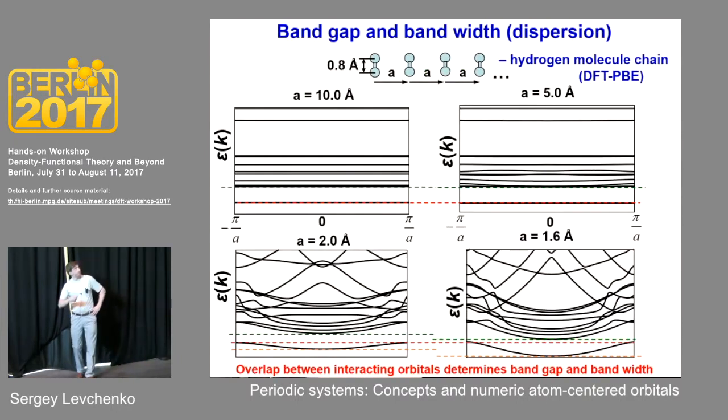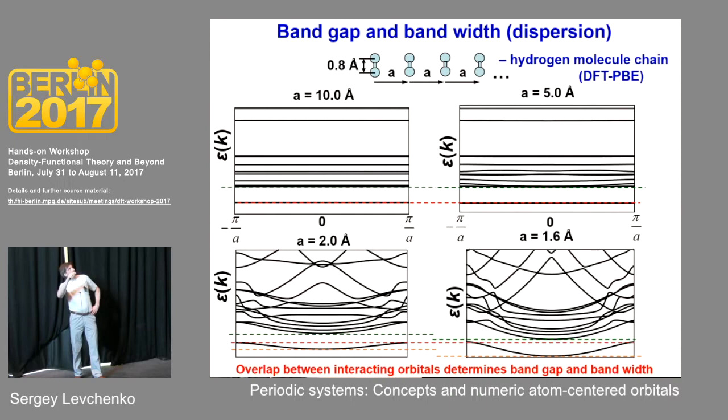So just to demonstrate the meaning of the band structure, let's consider a simple example of hydrogen molecules oriented vertically, and separated by a distance a from each other. And we have this infinite chain of such hydrogen molecules.